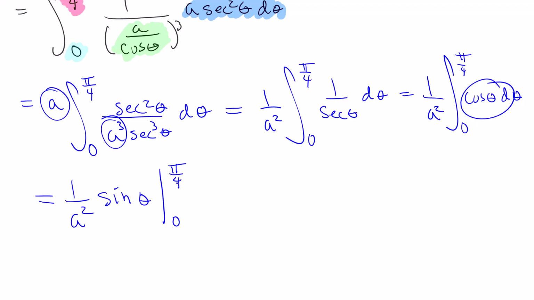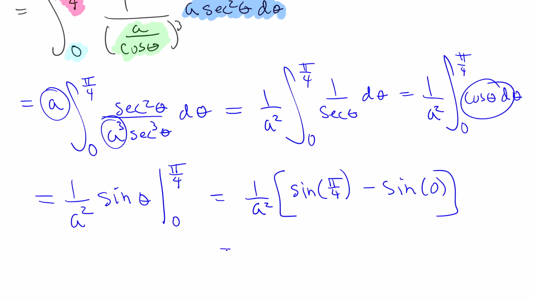So this is turning into a pretty simple algebraic move. Let's continue on. This is 1 over a squared times, I'll use some brackets to hold this together. This is now the fundamental theorem, evaluating at the upper bound minus evaluating at the lower bound, which gives us, of course, sine of pi over 4, there's the upper bound, minus sine of 0, the lower bound.